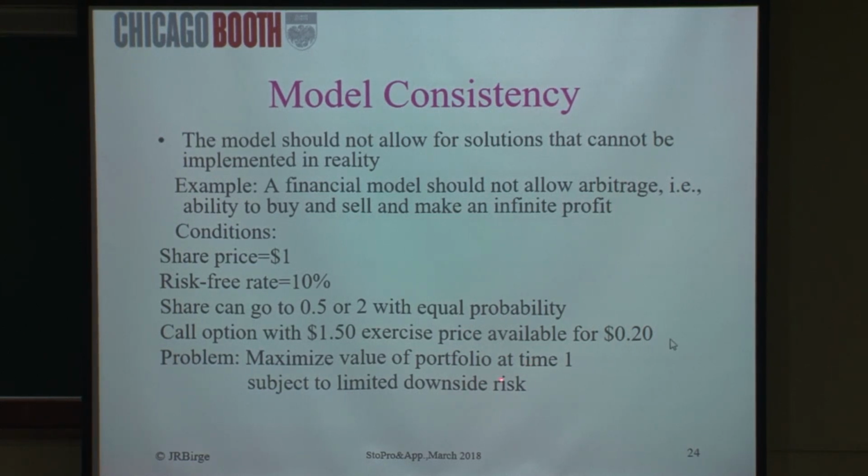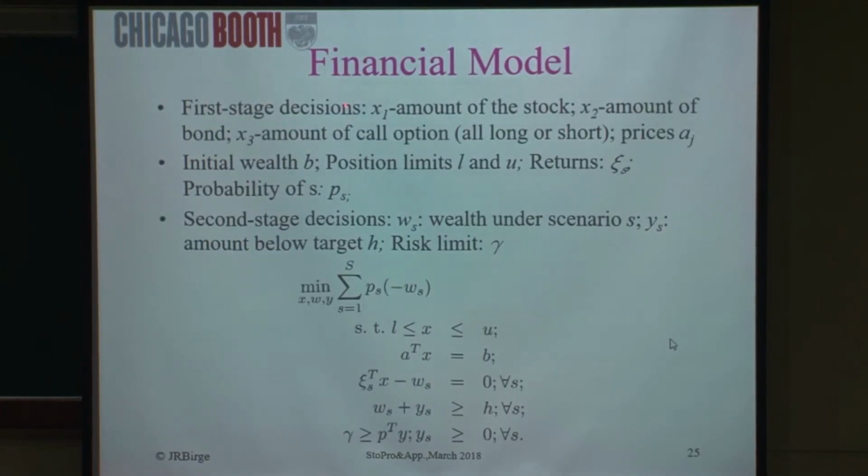Let's say I maximize the value of the portfolio at time 1, but I put in some downside risk. I say, I don't want to lose any more than a certain amount of money. My decisions, in the first stage, are to invest a certain amount in the stock, a certain amount in a bond, and a certain amount in buying these call options.